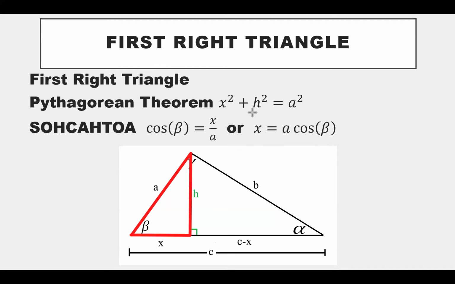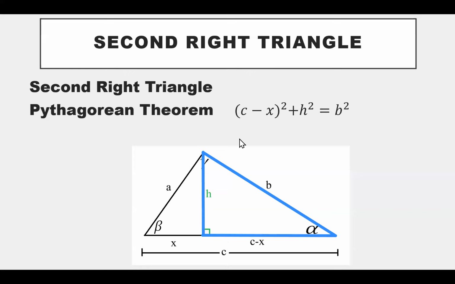So we get these two equations, one coming from the Pythagorean theorem, x squared plus h squared is equal to a squared, and the other coming from SOHCAHTOA, which says x is equal to a times cosine of beta. Now let's look at the second right triangle in this picture.